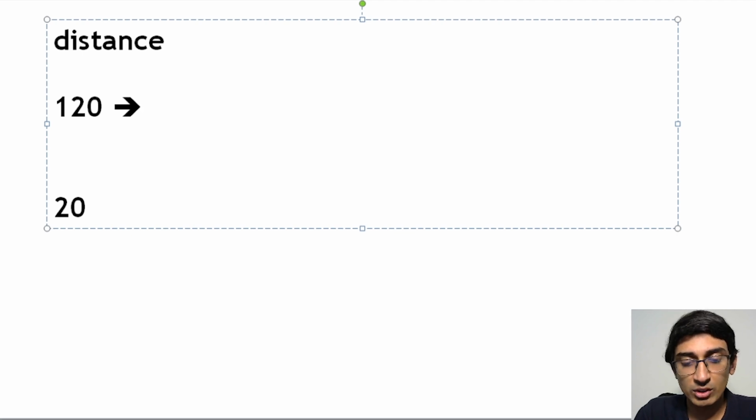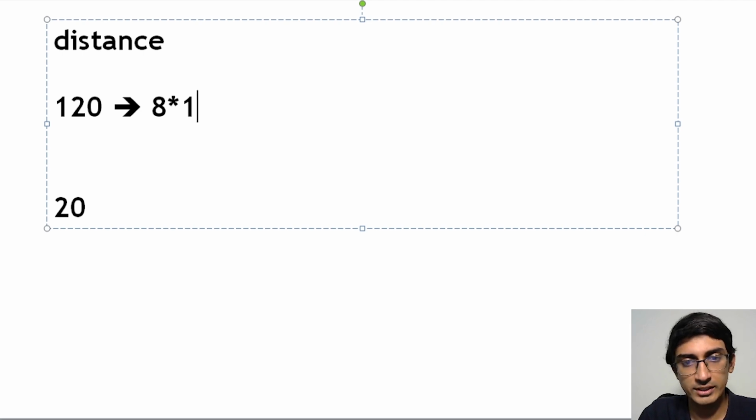The prime factorization of 120 is what? It's 2 into 60, which is 4 into 30, which is 8 into 15.